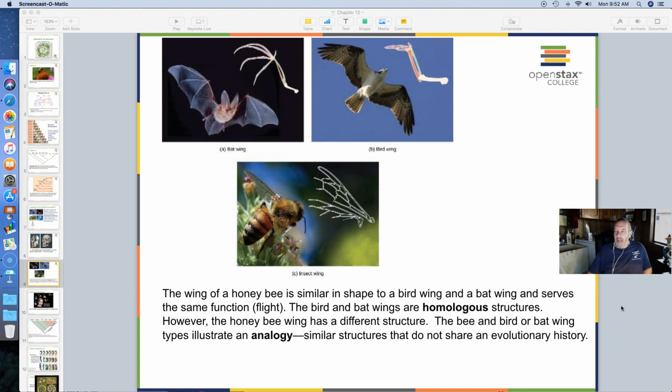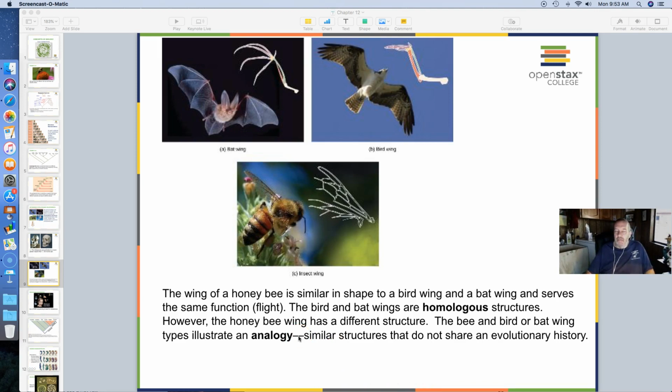We see some analogous structures, wings, but because they didn't evolve from the same structures, the same bones, we know that they're far less related to each other.